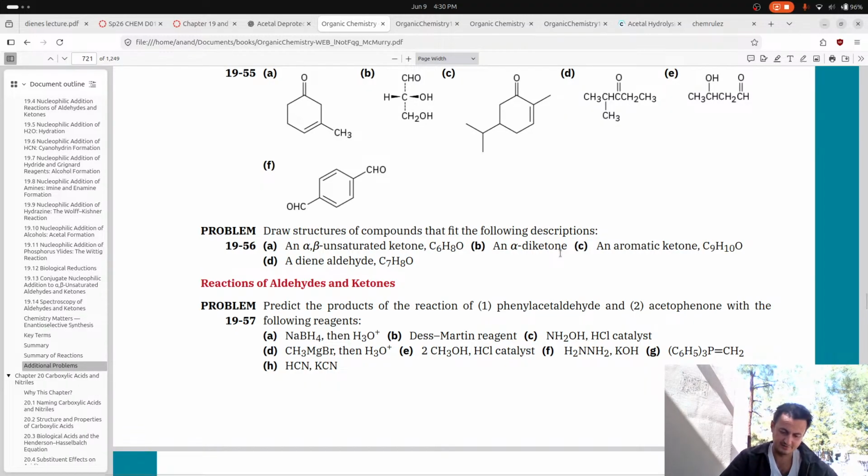Okay, I don't know. That one's interesting. An alpha diketone. I think that's just a vicinal ketone, or a vicinal diketone.